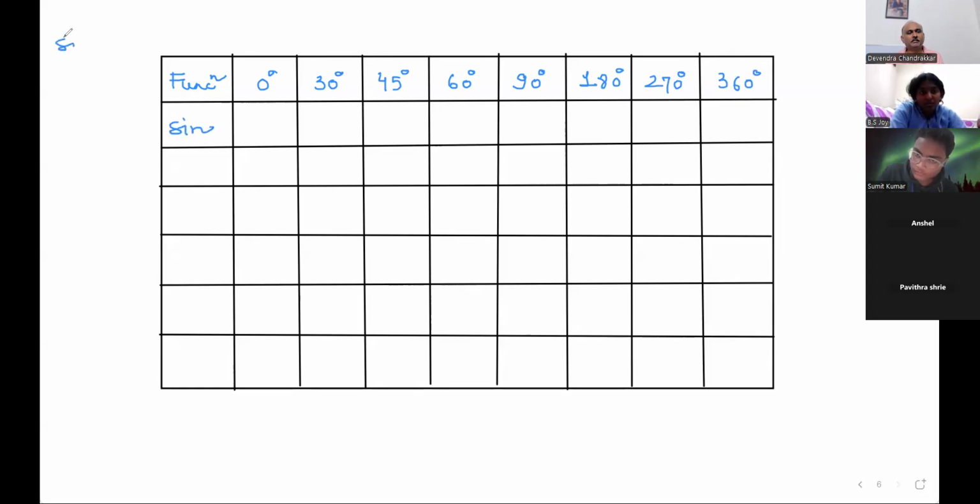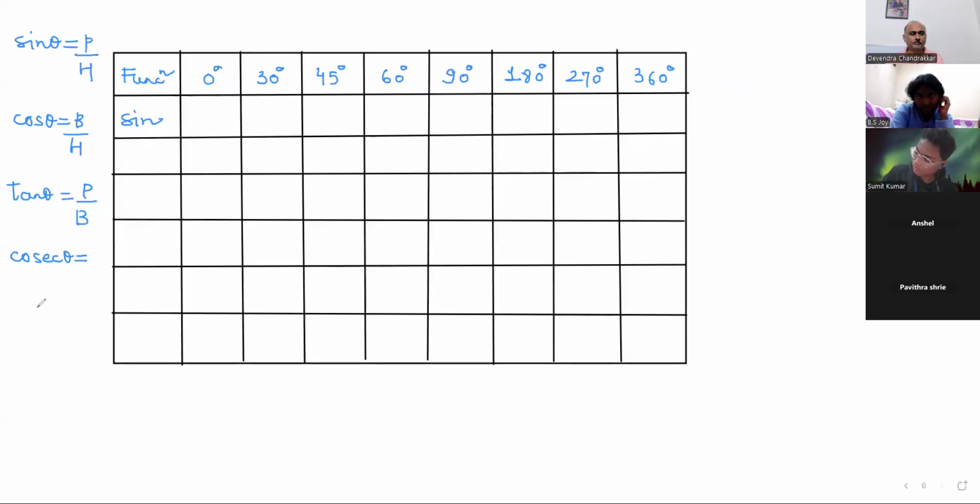Now sine. Sine theta is perpendicular upon hypotenuse, right? Cos theta is base upon hypotenuse. Tan theta is perpendicular upon base. Cosec theta is 1 upon sine theta.